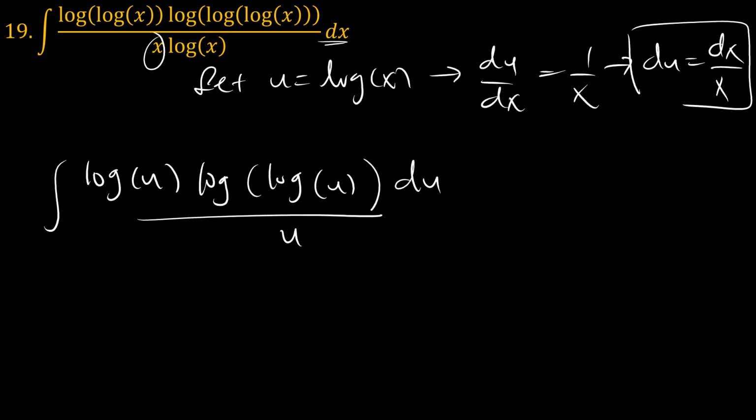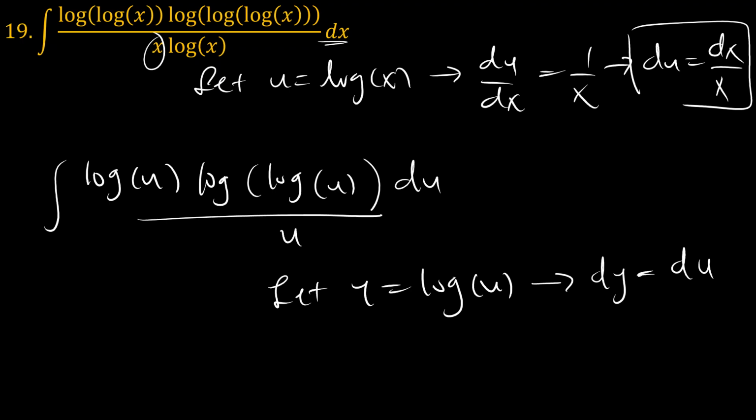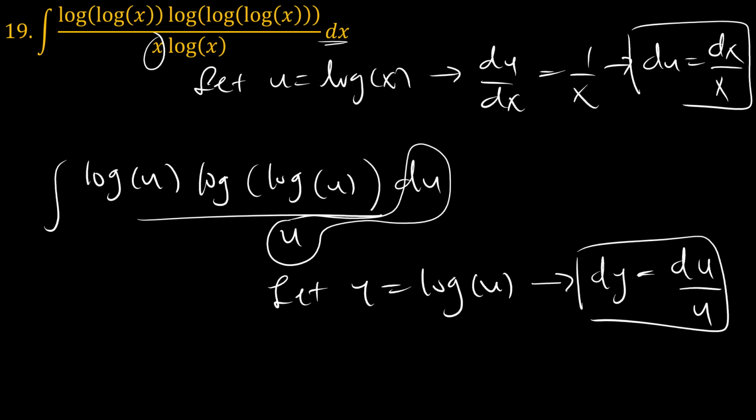Okay. Then we could also say let y be equal to the natural logarithm of u, which means that dy can be used to substitute for du over u. And as we can see, we have u there and we have a du there. So our problem becomes y, and then we have log of y dy.